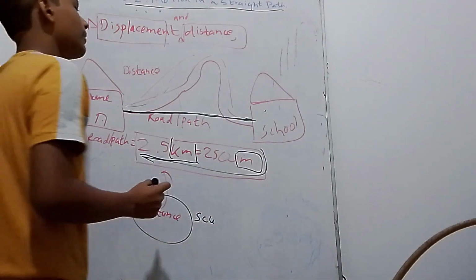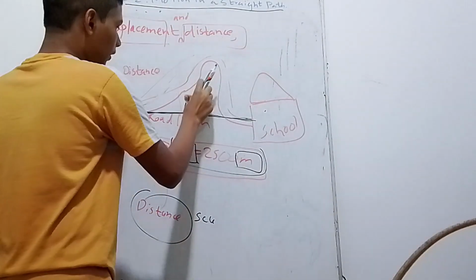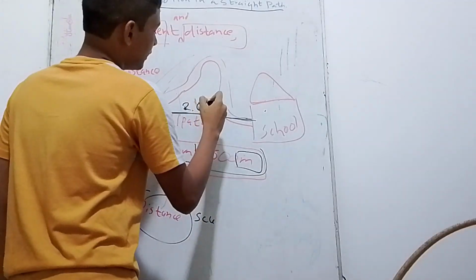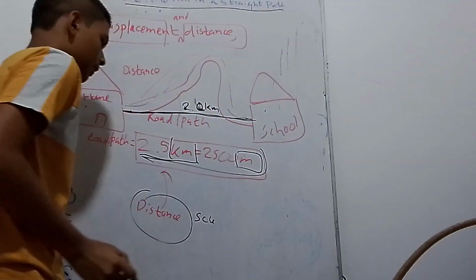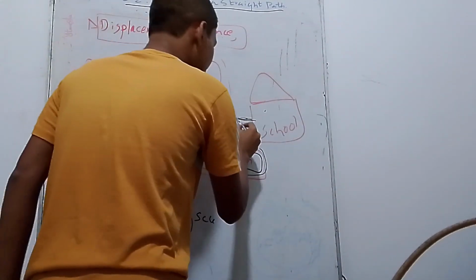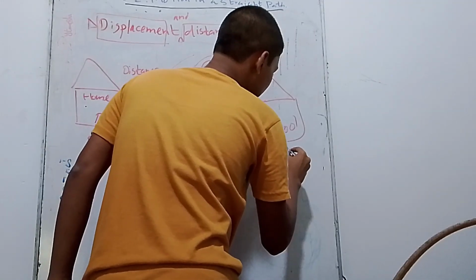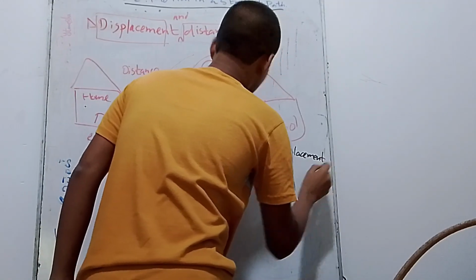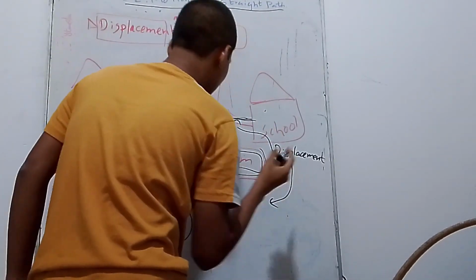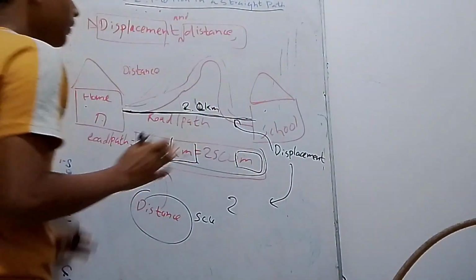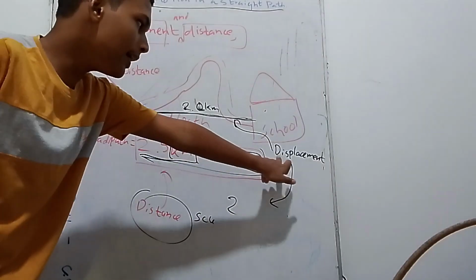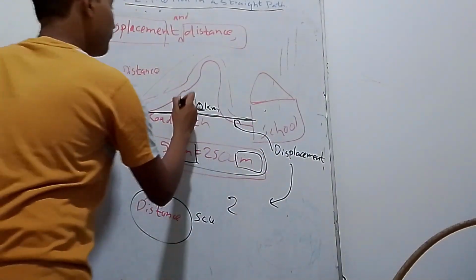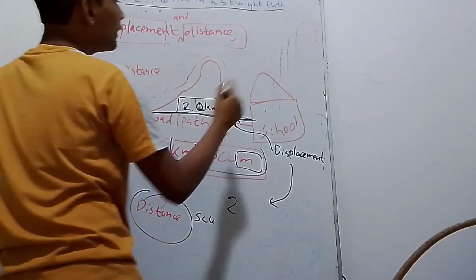Displacement, let's write it as 2.0 kilometers. So as you can see here, this black line represents displacement. As you know, displacement is a vector quantity because it has a specific magnitude and also a direction.